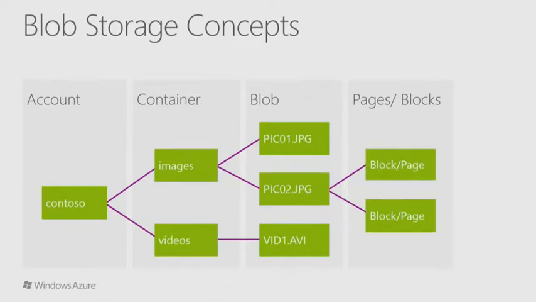And those are each going to be individual blobs that are going to be out there. And then depending on the type of blob, you could have pages or blocks that underlie that. Now that's not something that most of us are going to need. We're not really going to get into that today. But do know if you're writing the next competitor to YouTube, you can go ahead and have blobs that are specifically targeted at streaming, or you can have blobs that are specifically targeted at random access.